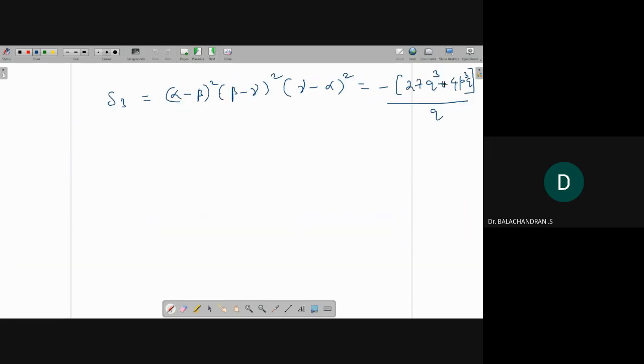I think in the numerator q is common. If you take q common and cancel the q, we get minus 27 q square minus 4pq. So this is the final answer.